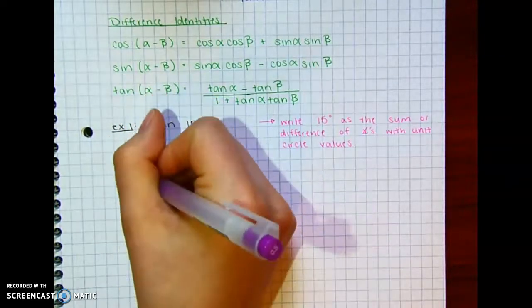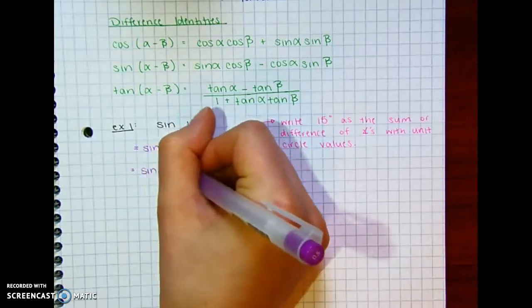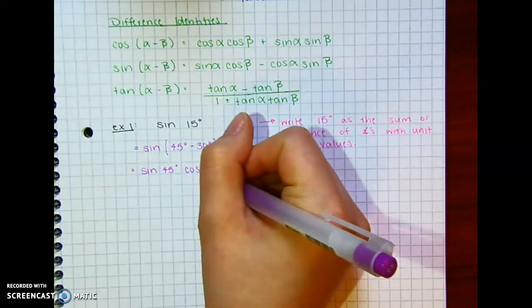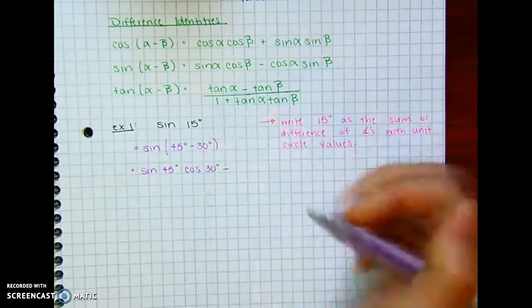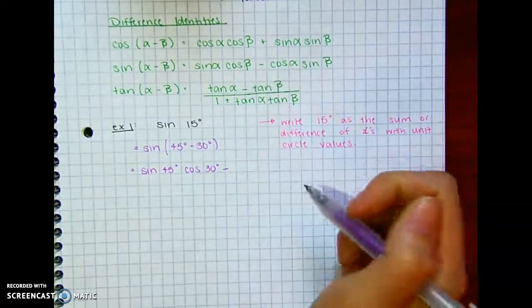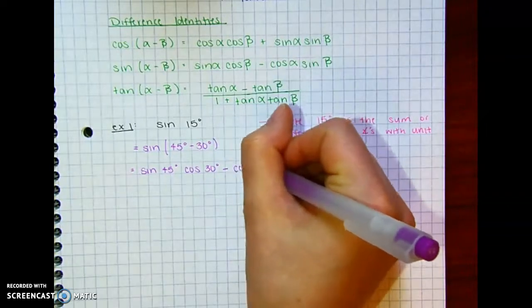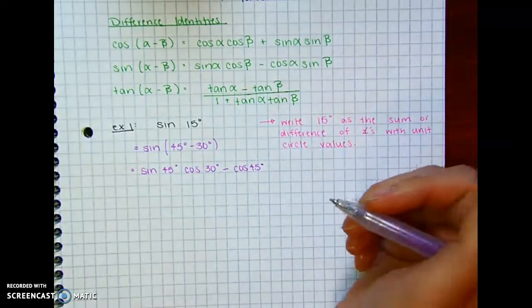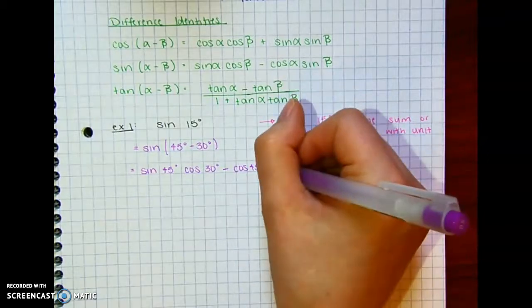So that'll be sine of my first angle times cosine of my second angle, 30, minus, because it's difference, cosine of the first angle, and then sine of the second angle.